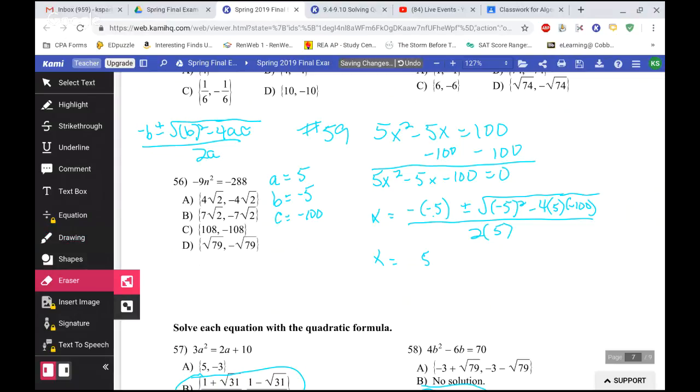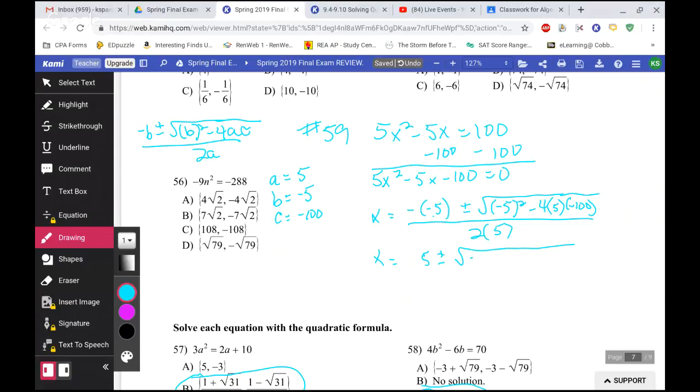Oops, is positive 5 plus or minus 25. The negative 4 times 5 is a negative 20. And negative 20 times negative 100 is a positive 2,000. All over 10. So x equals 5 plus or minus 20, 25, all over 10.